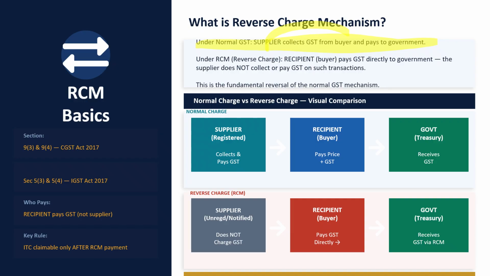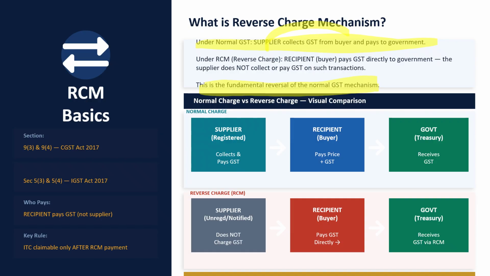Under reverse charge mechanism, the buyer, which means the service recipient, pays GST directly to the government. The supplier does not collect and pay that portion of GST to the government. This is a fundamental reversal of the normal GST mechanism. That is why we call it reverse charge mechanism.